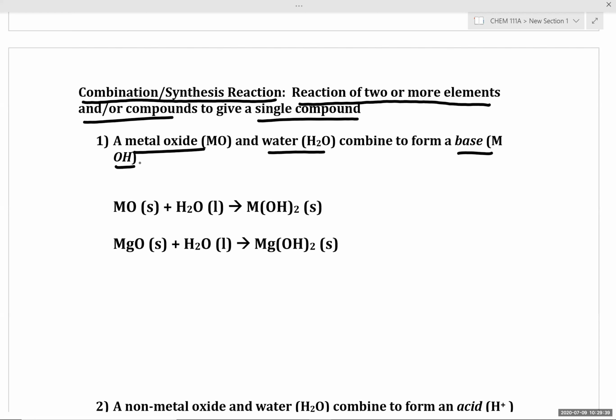Let's look at an example. It's not a redox reaction. There's no change in oxidation number. Let's look at examples of these kinds of combination reactions applied to different substrates. If I combine sodium oxide and water, what product hydroxide will I get?